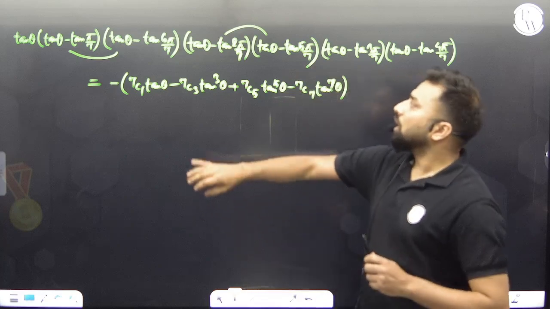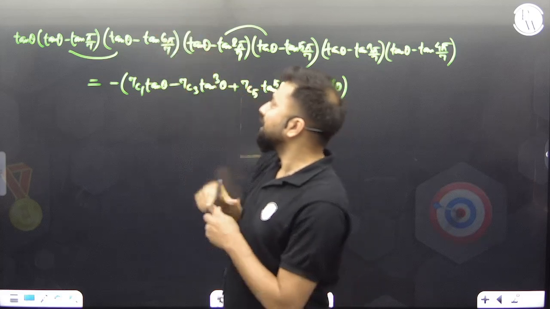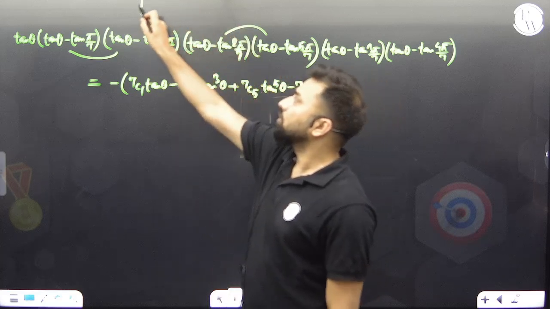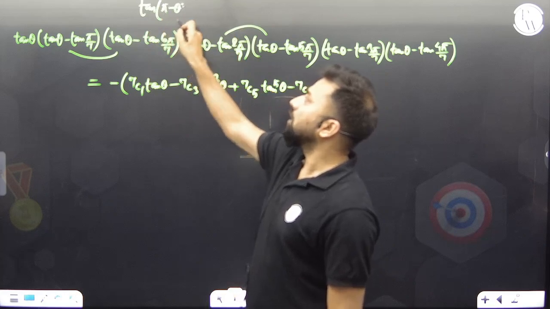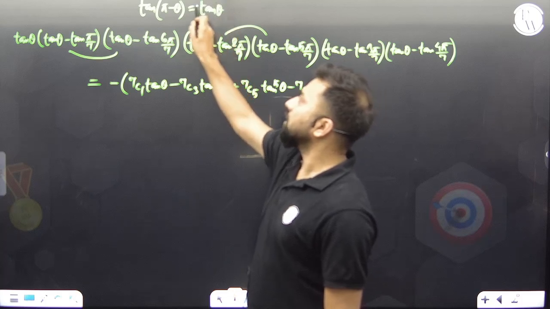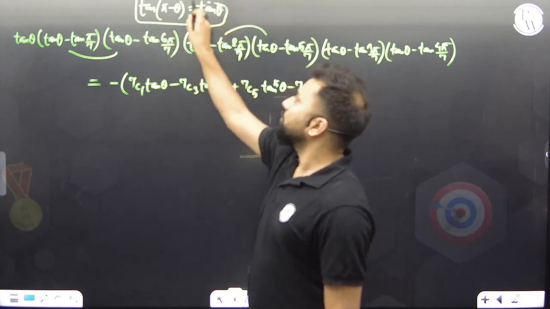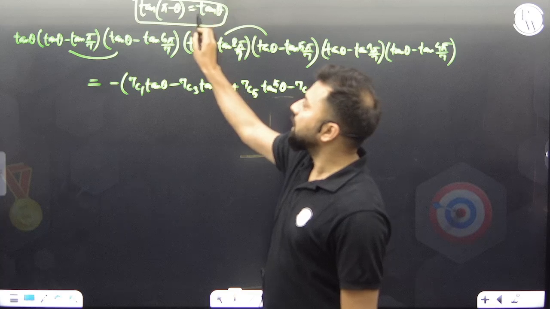Now looking at this particular term, we know that the value of tan of pi minus theta is equal to tan theta with minus sign here. So tan of pi minus theta is equal to minus of tan theta here, right?